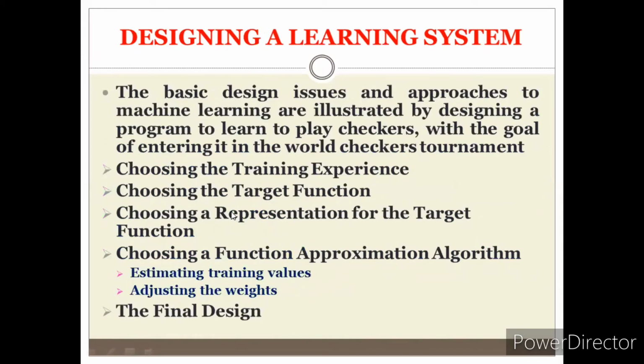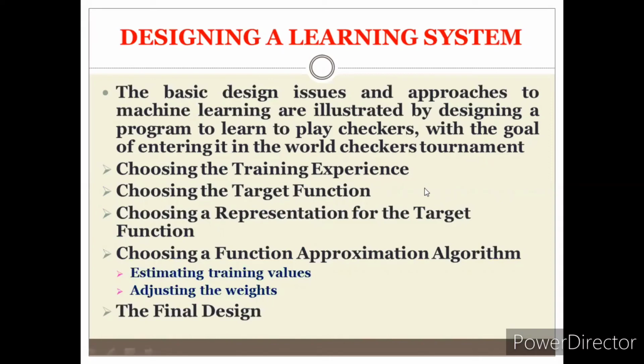Next, what we have is designing a learning system. The basic design issues and approach to machine learning are illustrated by designing a program to learn to play checkers, with the goal of entering the world checkers game. Now here the simple example they have taken is playing a checker game, and the target is to play in a world checker game tournament.